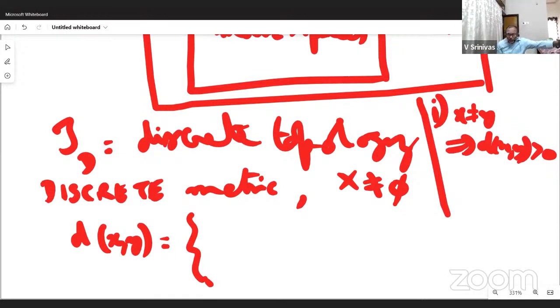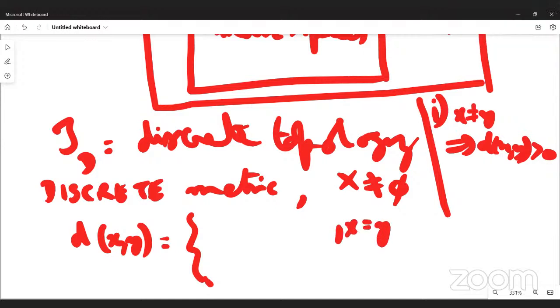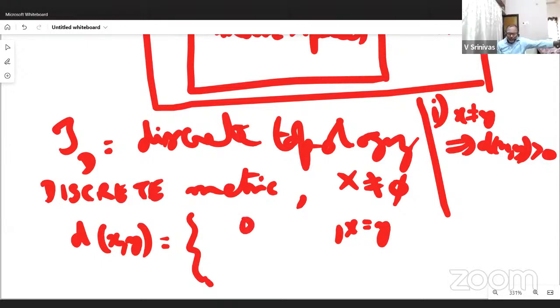If x equals y, d of xy must be 0. And if x is not equal to y, d of xy must be positive, you define it to be 1. If you are given any non-empty set, you define d to be this function.